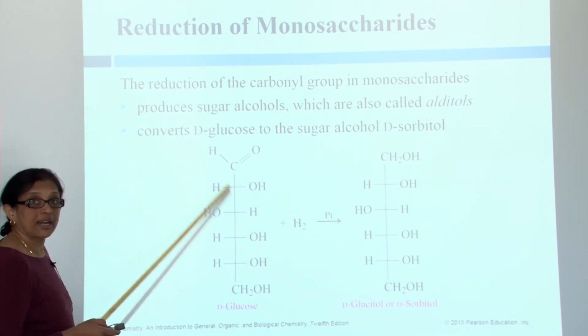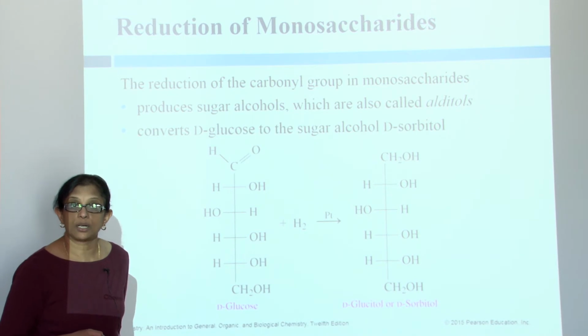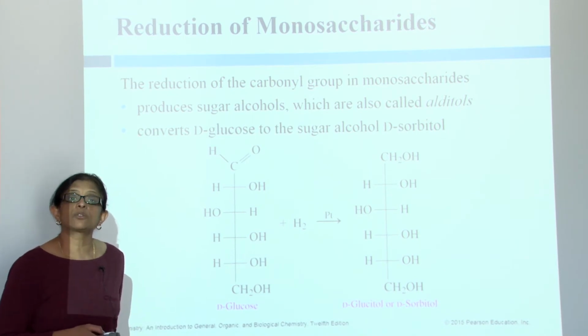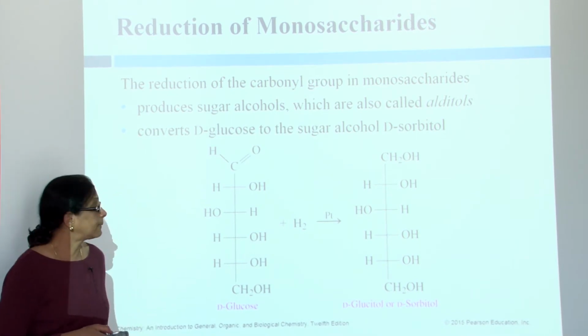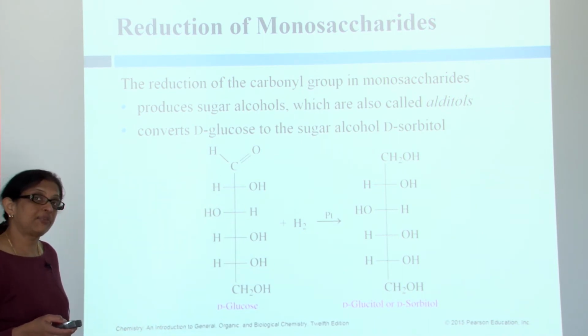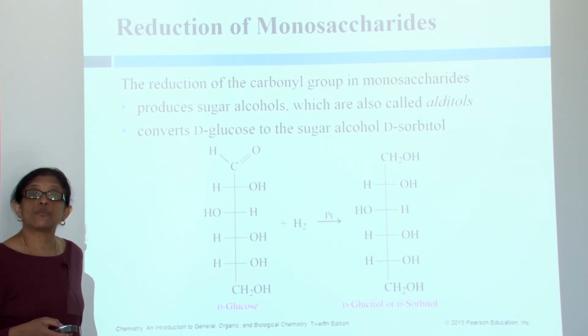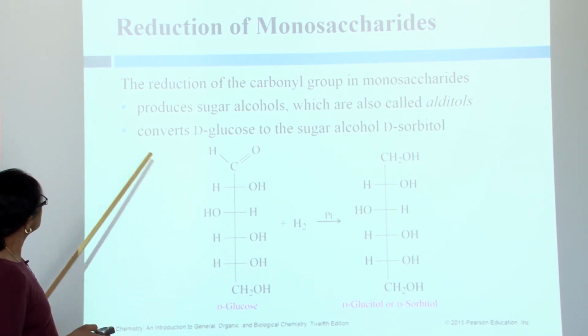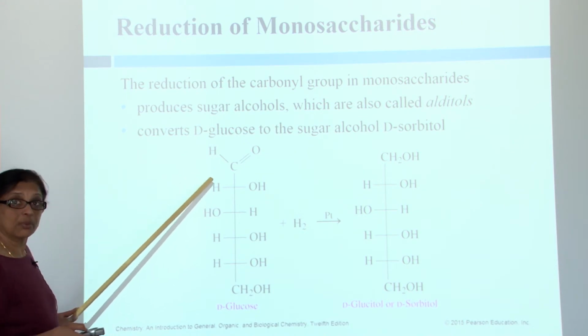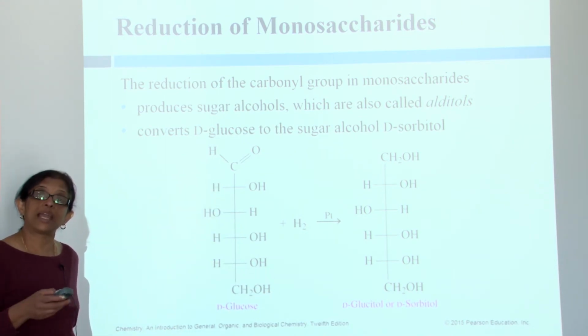Reduction of monosaccharides. This is the next chemical property we're discussing. What we discussed previously was oxidation, which was addition of oxygen. Here we are discussing reduction. Reduction, by definition, is addition of hydrogen or loss of oxygen. Are we taking away oxygen or are we adding hydrogen?